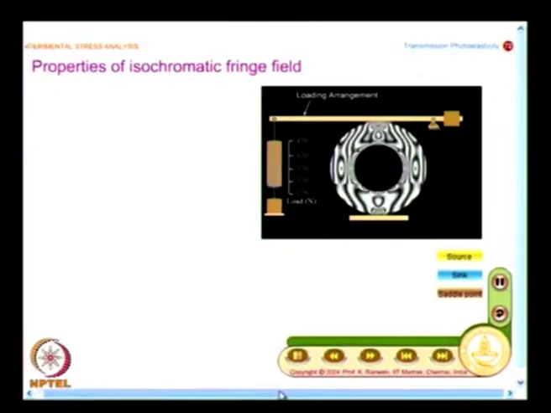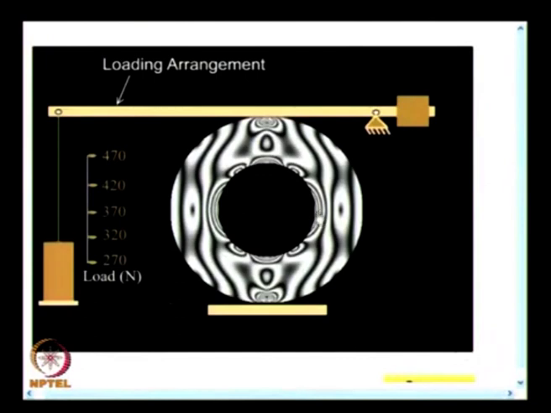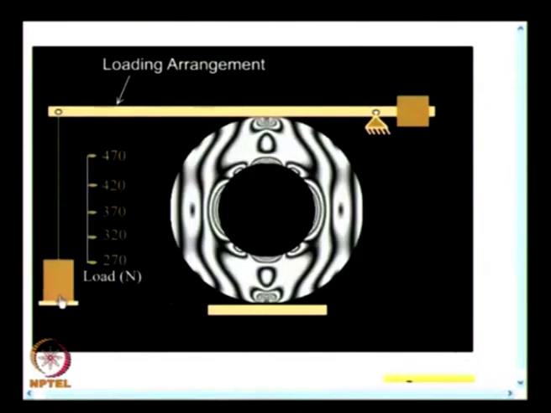And I have a very nice illustration of fringe field in a ring under diametral compression. This I will magnify, and what you need to look at is, I have this load being varied.